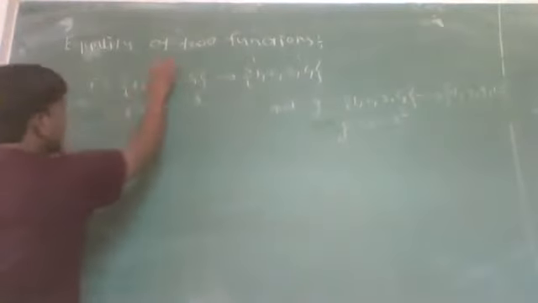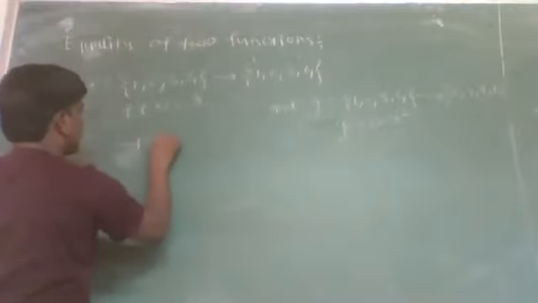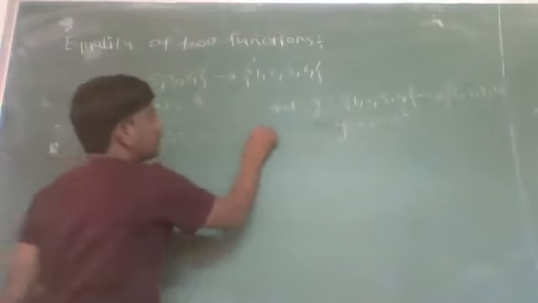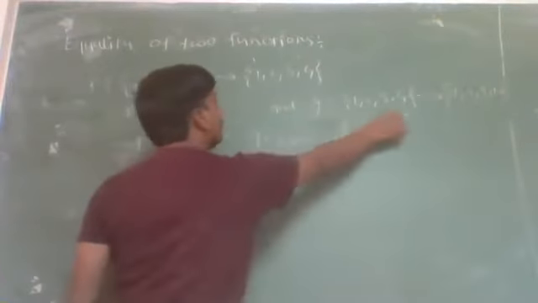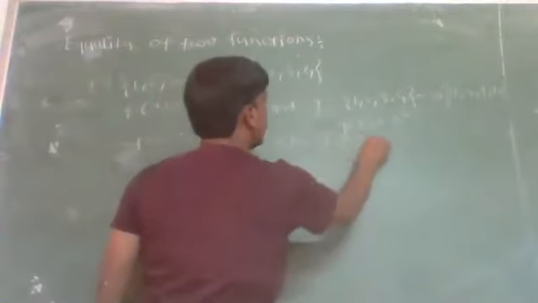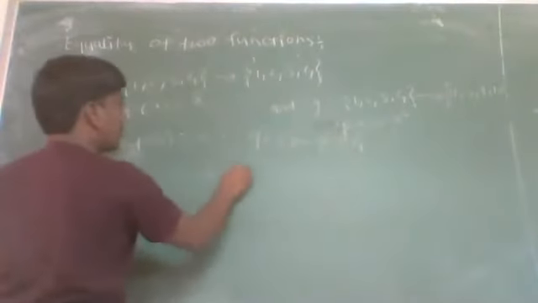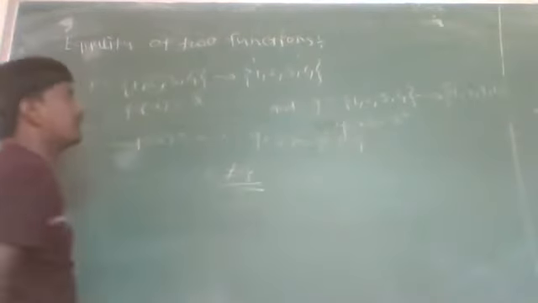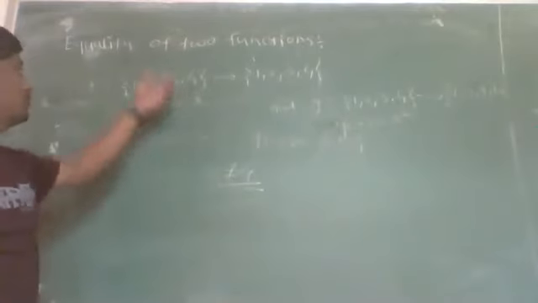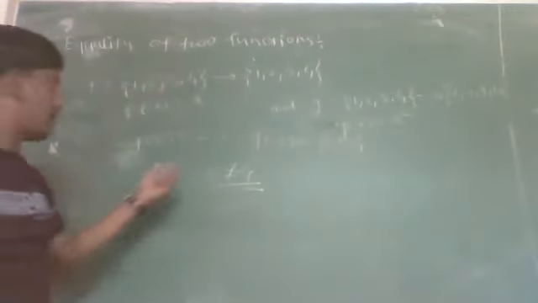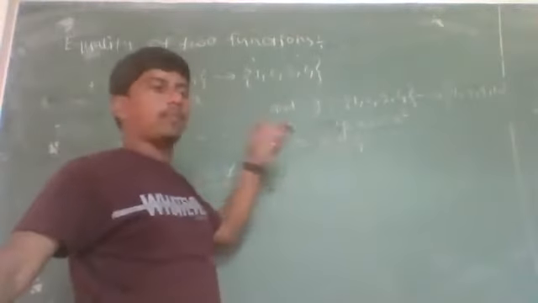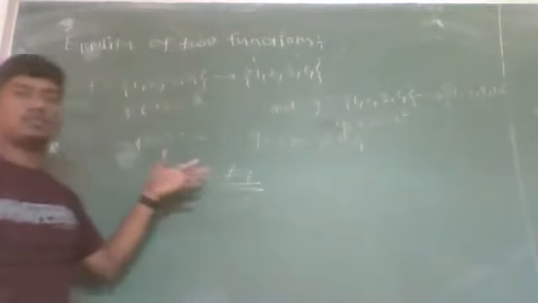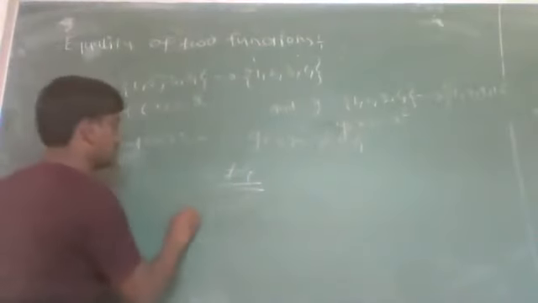Here, find the image of 2. f of 2 will be equal to 2, and g of 2 will be equal to 2 square, and 2 square is 4, and 2 is not equal to 4. So there exists an element 2 belonging to set A such that f of x is not equal to g of x. From this we can conclude that these two functions are not equal, that is, f is not equal to g.